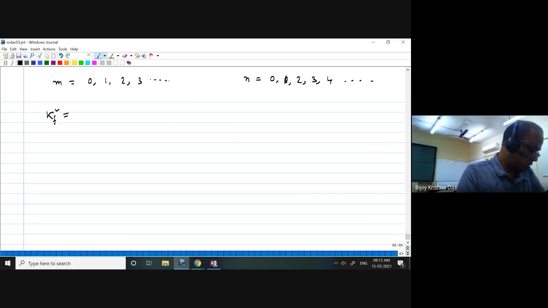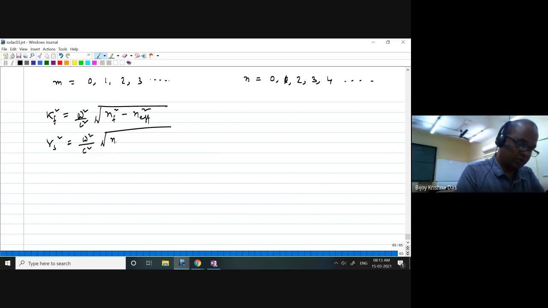And same way whatever we have written, kappa F square equal to omega square by C square, and this is NF square minus N effective square, and gamma S square equal to omega square by C square, and then this would be N effective square minus NS square, and gamma C will be omega square.